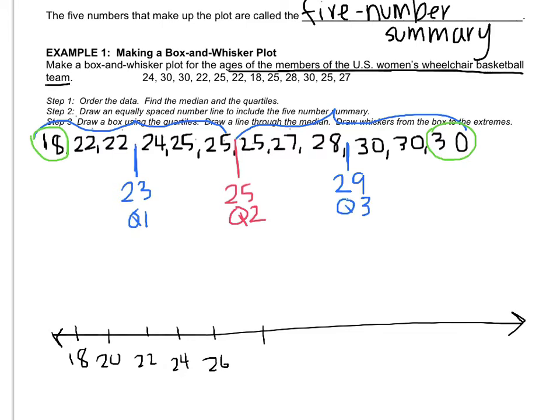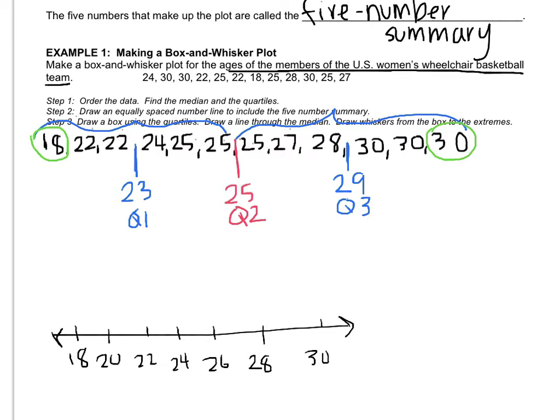I probably could have spaced that a little wider because now I still have a lot of room. But equally spaced, and obviously if you have graph paper handy, it's probably best to use graph paper because then you can guarantee that it's equally spaced. But you can always draw it on line paper or white paper.